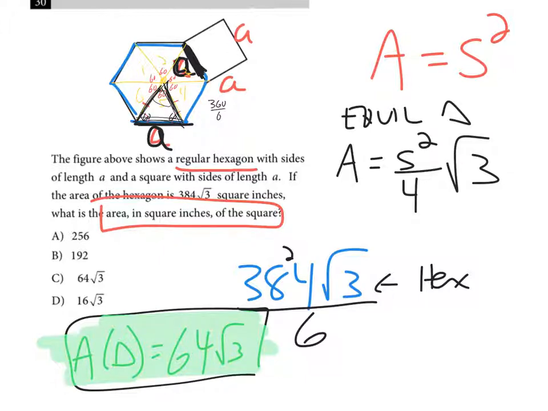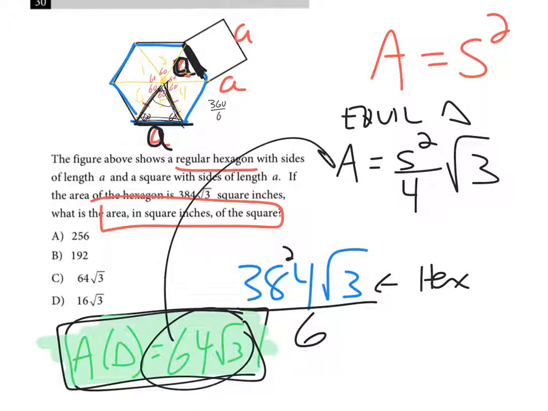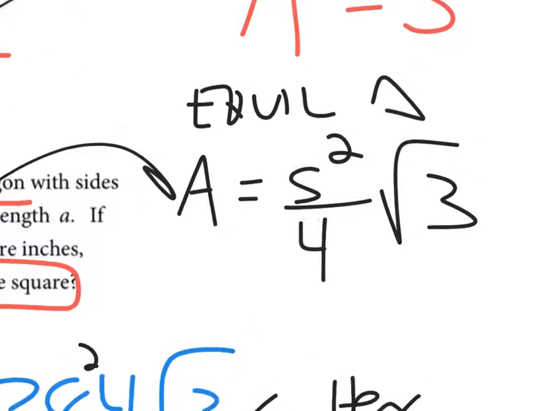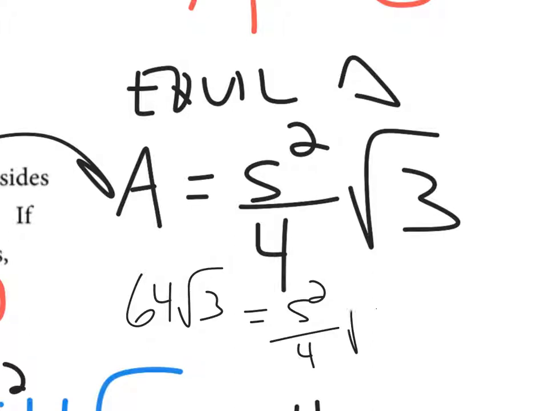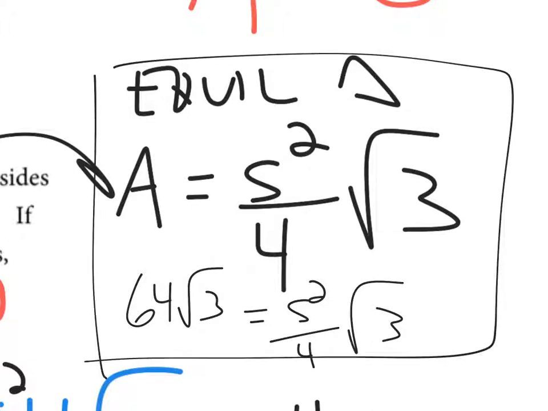Since you know the area of the equilateral triangle is 64 radical 3, I'm going to plug that in for A and figure out what S is going to be. So the area of the triangle is 64 radical 3, and that's equal to side squared over 4 radical 3.